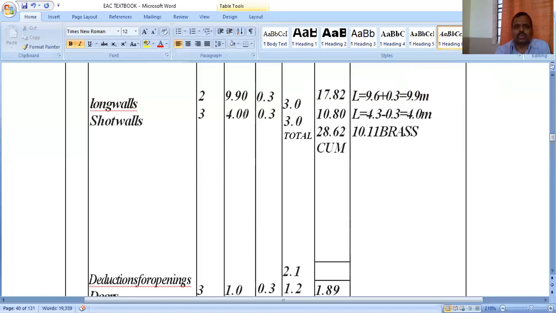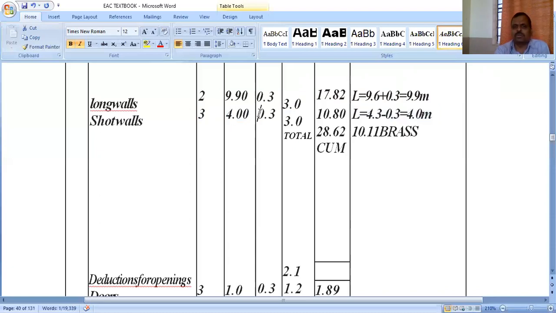Next comes the short wall. The number of short walls is 3. Which are those short walls? AD equal to BE equal to CF. These are the 3 short walls. After that, 4 is the length of the short wall. We have calculated it already, so I am just going to put this value here as the length of the short wall.